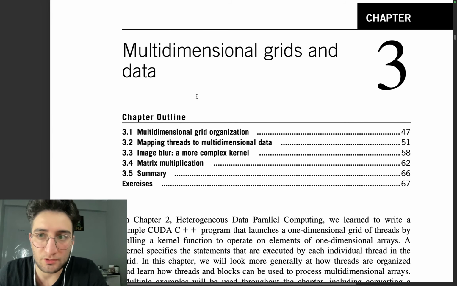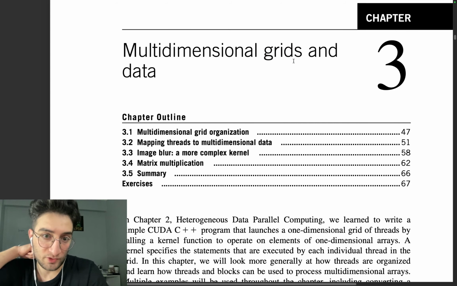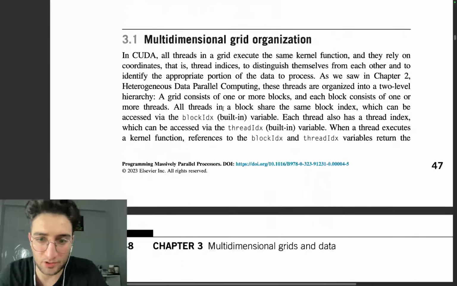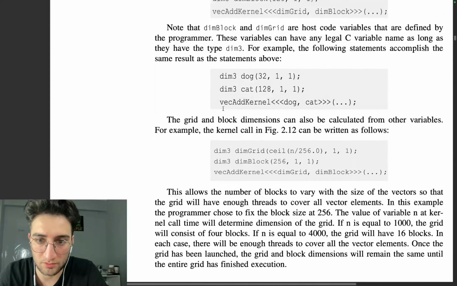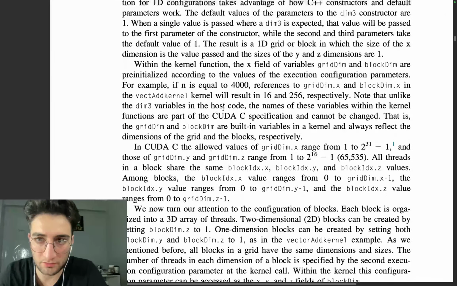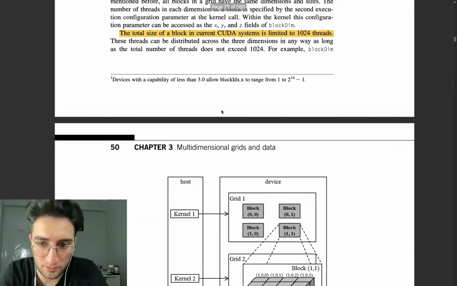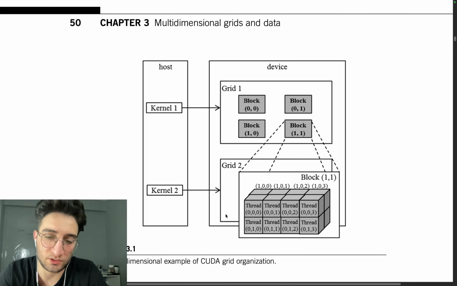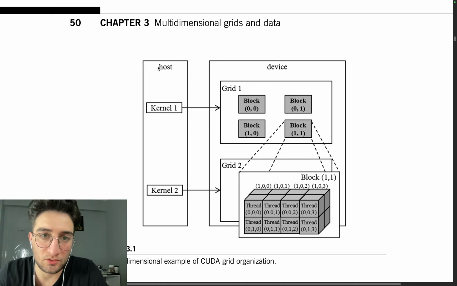So chapter 3 is all about multidimensional grids and data. So what is grid? Grid is where your threads are in. So there should be some kind of diagrams. Oh my god, haven't I read this far? Yeah. So it looks like this. CUDA grid organization. Multidimensional example. So there is your host and there are your devices. Device is GPU, CPU is the host.